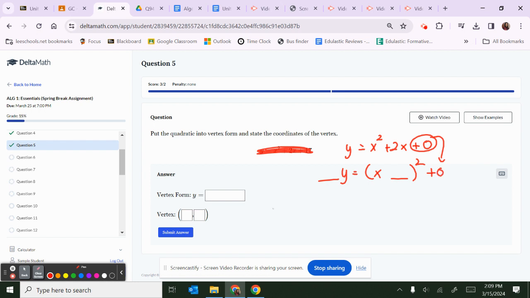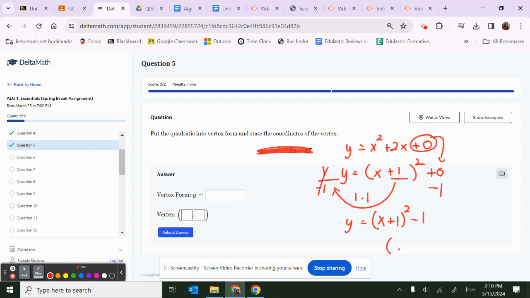Look at my middle term, cut it in half. Half of 2 is positive 1. Bring it to the other side, but I'm bringing 1 squared, which is 1 times 1, which is 1. Subtract 1, subtract 1. So y will be equal to parentheses x plus 1 squared. 0 take away 1 is negative 1.